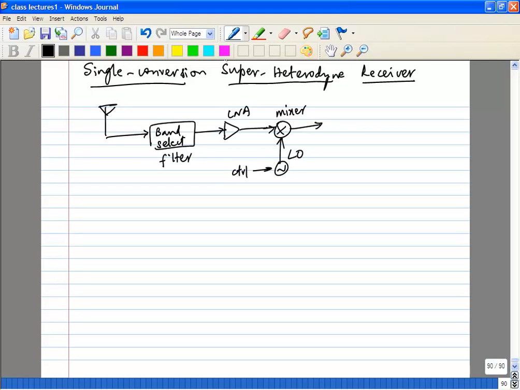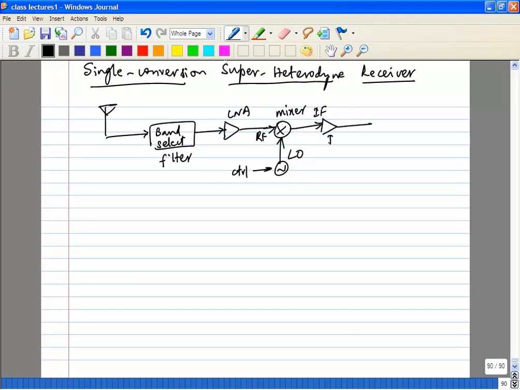This is your desired RF frequency, and this is called your LO frequency. And the output is called IF or intermediate frequency. Even though IF stands for intermediate frequency, you will quite often see people calling it IF frequency, which is still okay in common parlance.